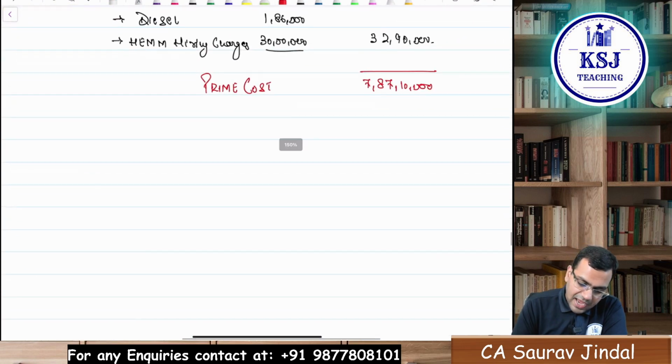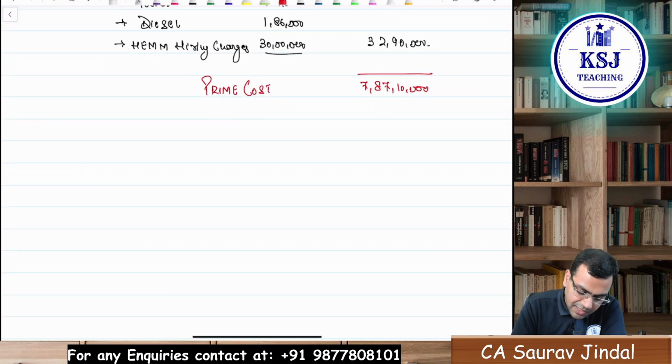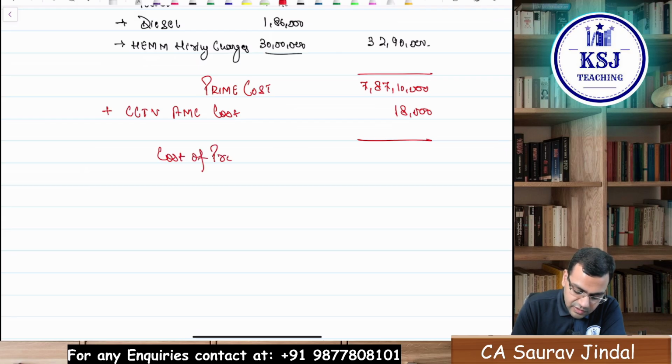So I will add this CCTV AMC cost of 18,000 rupees to my prime cost. This will give me the cost of production. So cost of production will be 7 crore 87 lakhs 28,000.